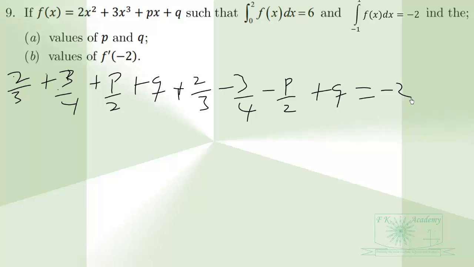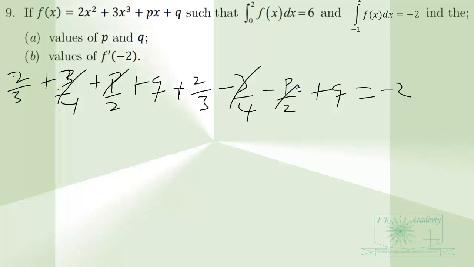You can realize that this and this will go, this and this will also go.